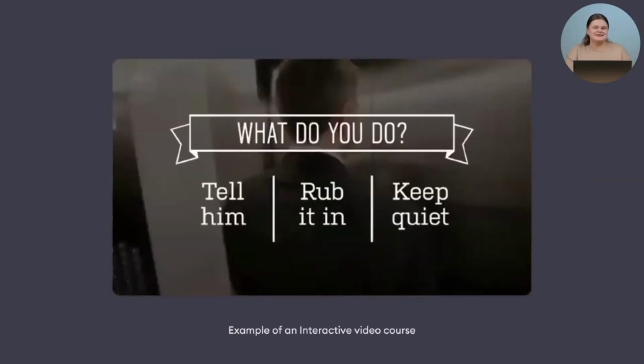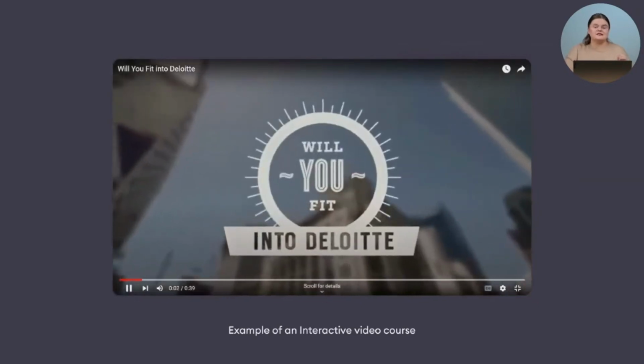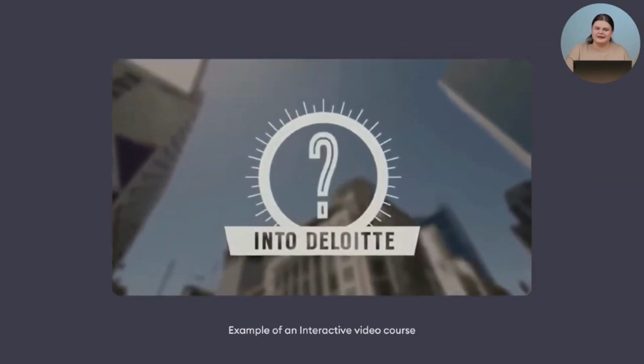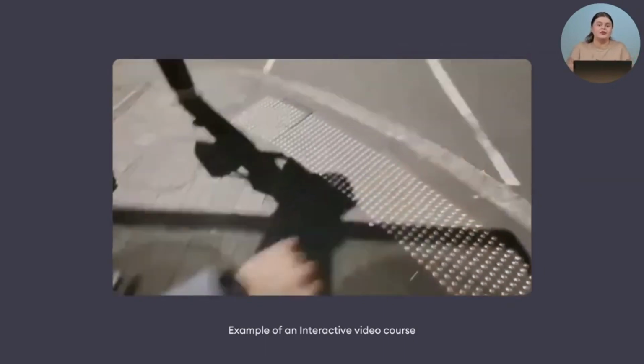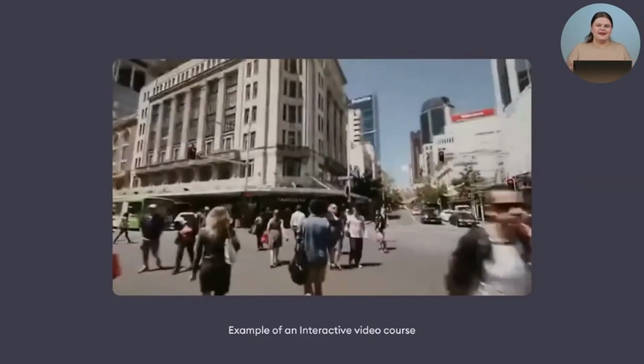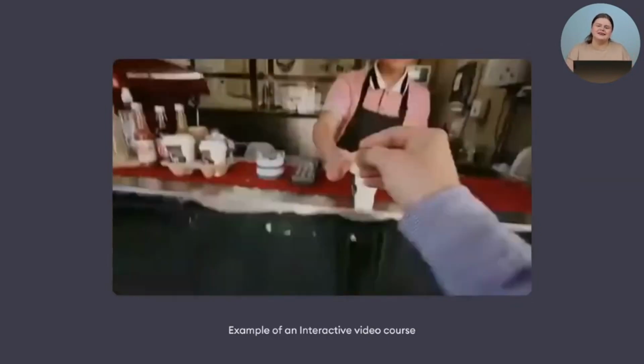Now he has to decide what to do. Tell the colleague about it, rub the coffee in, or just keep quiet. Depending on the answer, the story continues differently. So it's a dynamic way to engage learners, allowing them to actively participate and shape their own learning journey.